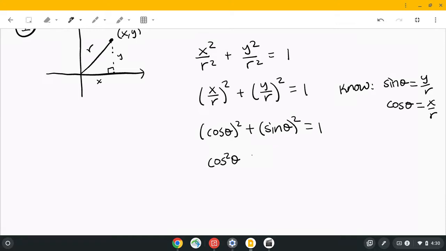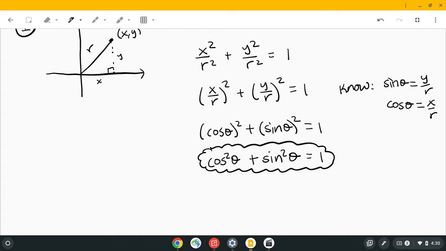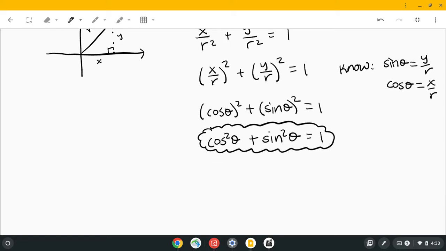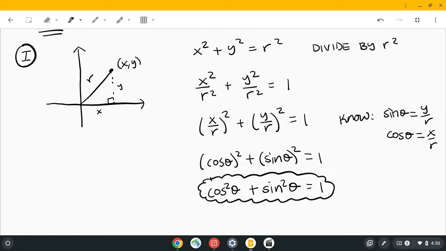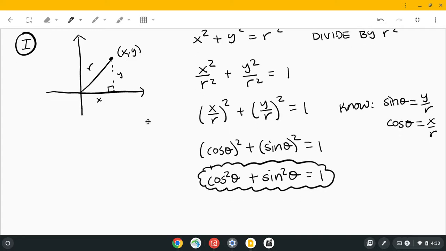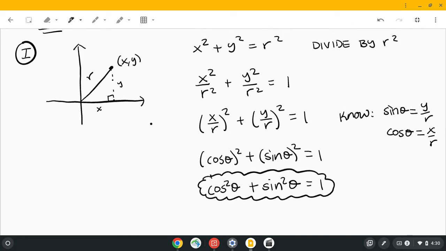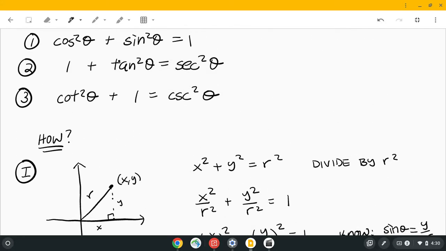Cosine squared plus sine squared equals 1. And you see how this Pythagorean identity is actually derived from using the Pythagorean theorem on x, y, and r over here. All right, so let's see how we get this second one. 1 plus tangent squared equals secant squared.